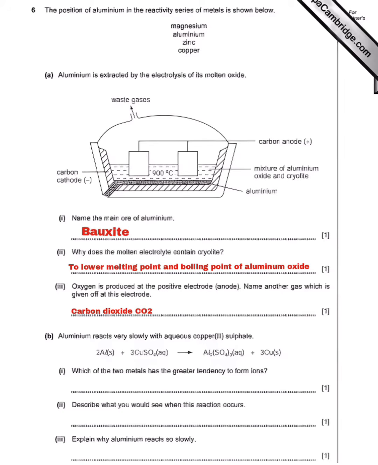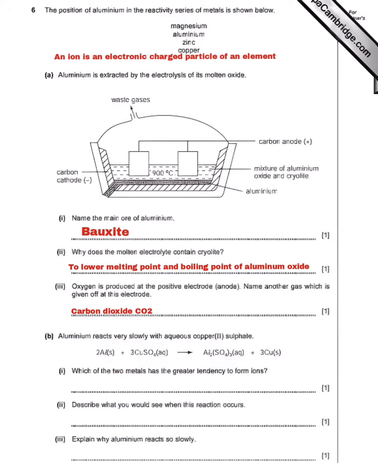Now, Roman numeral number 1 is saying, which of the two metals has the greater tendency to form ions? The first thing here, you need to understand the term ion. An ion is just an electronically charged particle of an element.